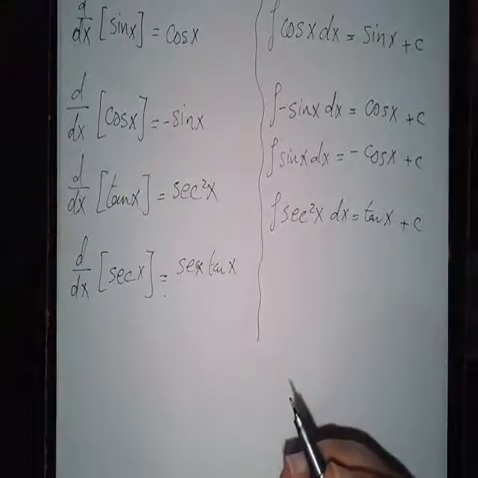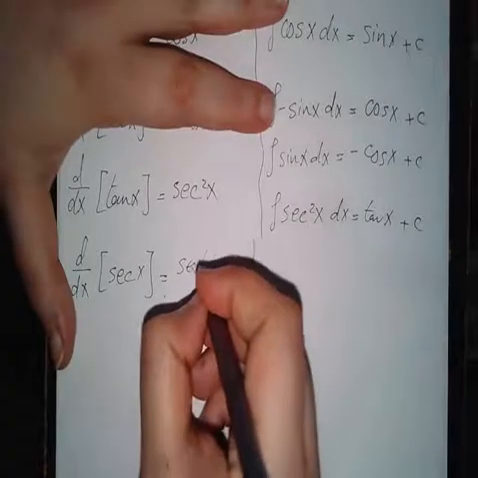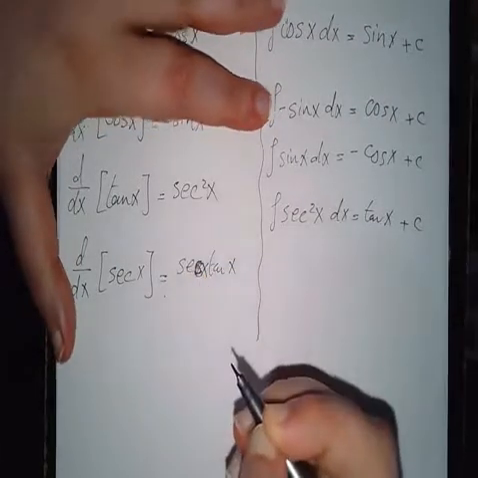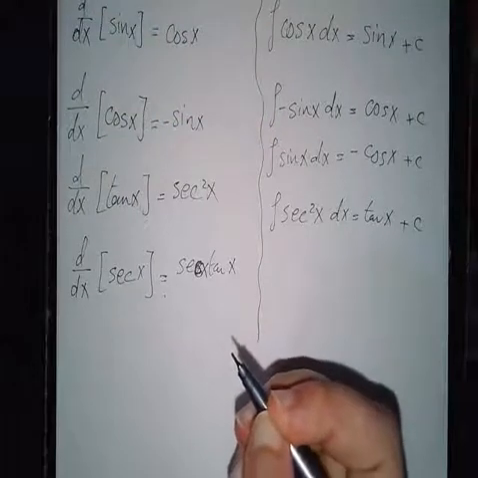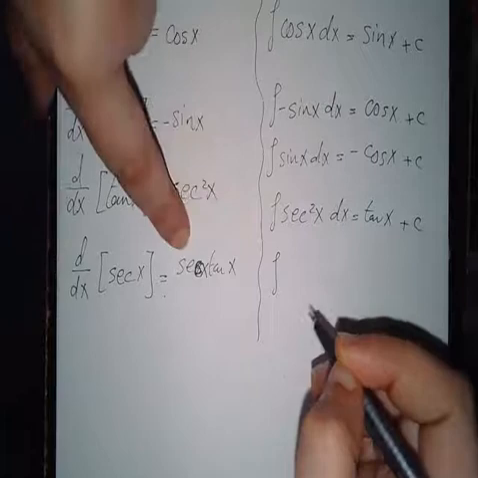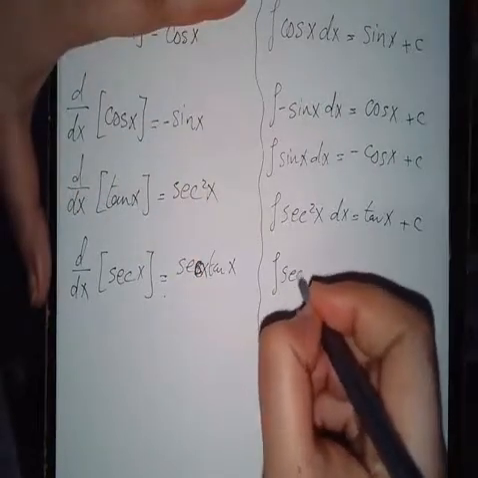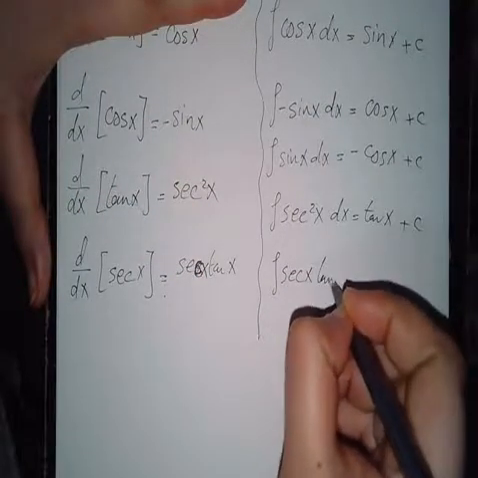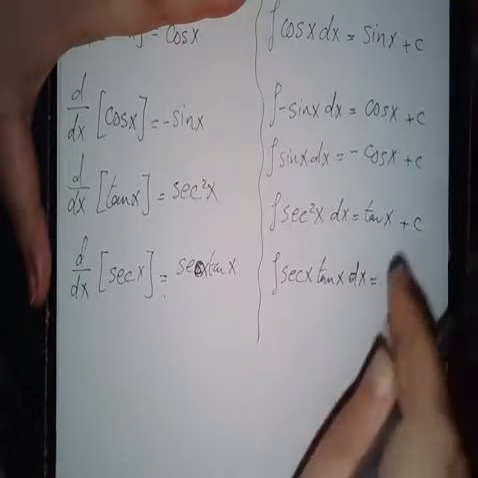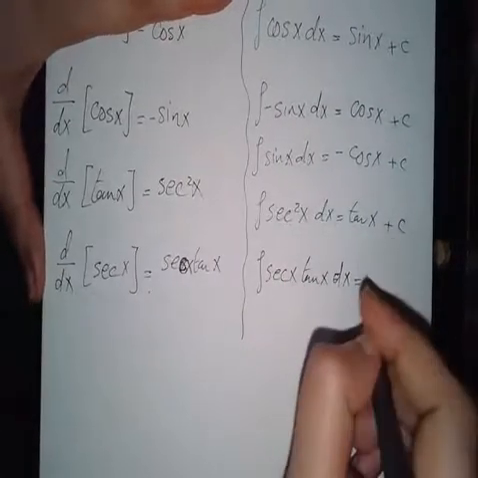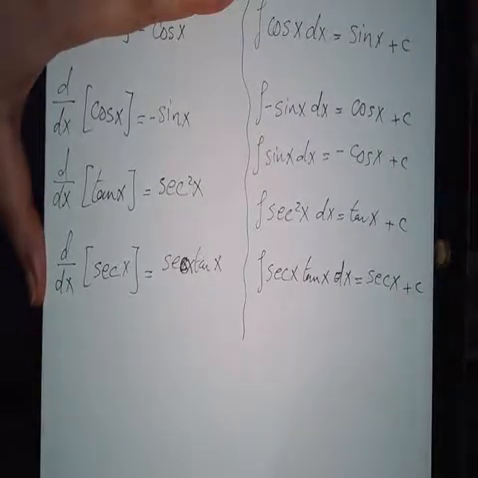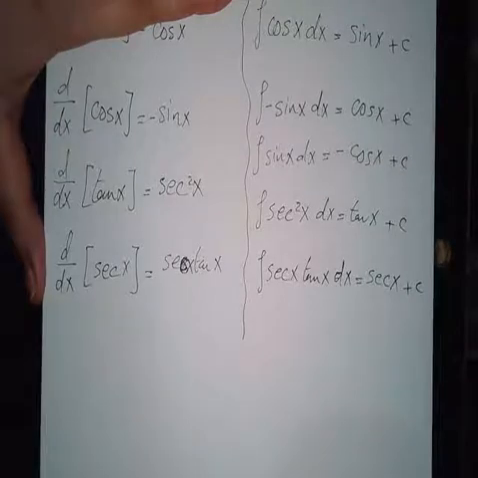So it's a multiplication between secant x and tan x, and the c and x are kind of on top of each other here, so I'm trying to make it a little clearer. Alright, so the integral of the result of this derivative, secant x tan x dx, equals secant x plus c. Yeah?